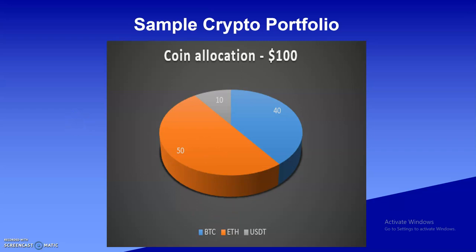So, as an example, I've put a 40% allocation for Bitcoin, a 50% for Ethereum, and a 10% for stablecoin or USDT. Because beliefs might vary slightly, but I believe that Ethereum has got a lot of room for growth and might outpace Bitcoin in the short term. So I've put in a 50% investment in Ethereum over Bitcoin.